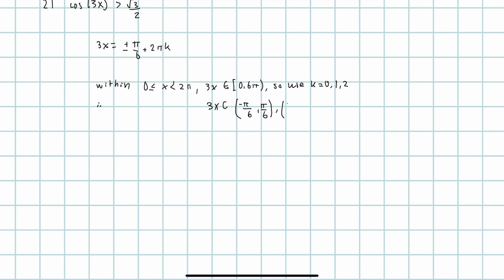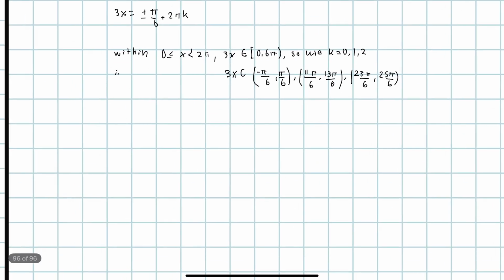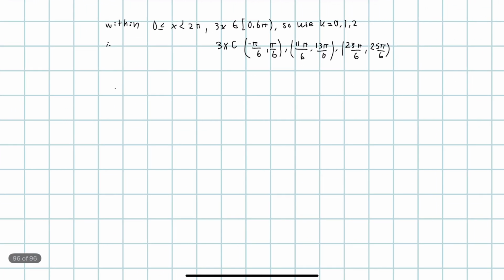And we also get 11 pi over 6, 13 pi over 6, and then we get 23 pi over 6, 25 pi over 6. Now, we're going to do our boundary points.